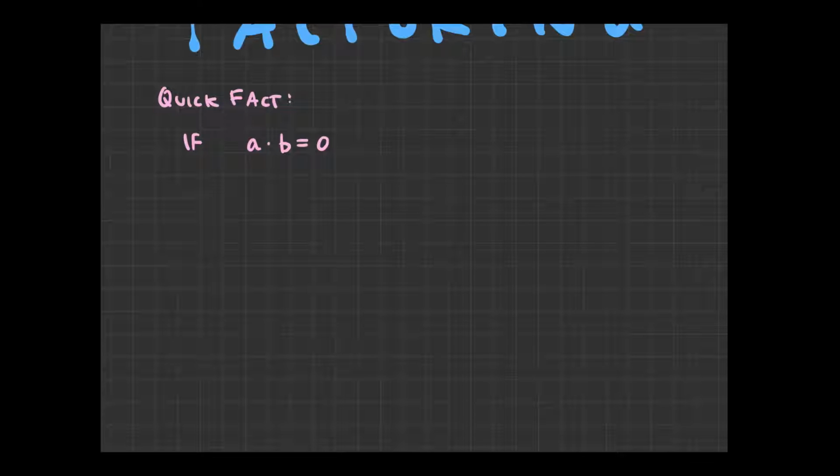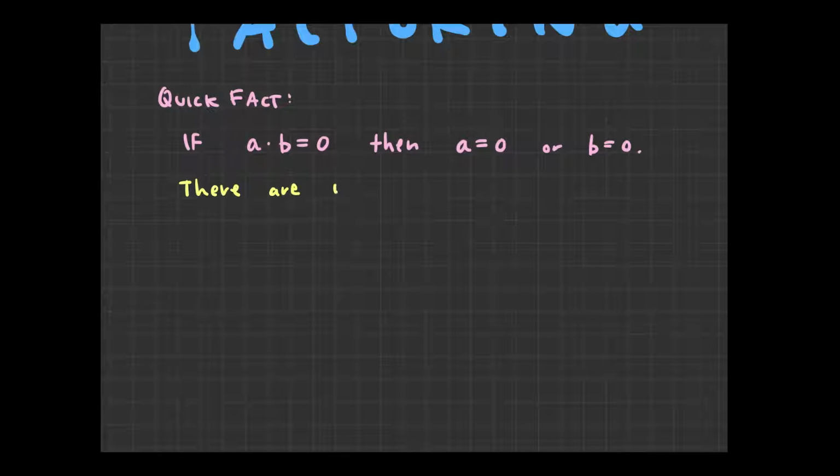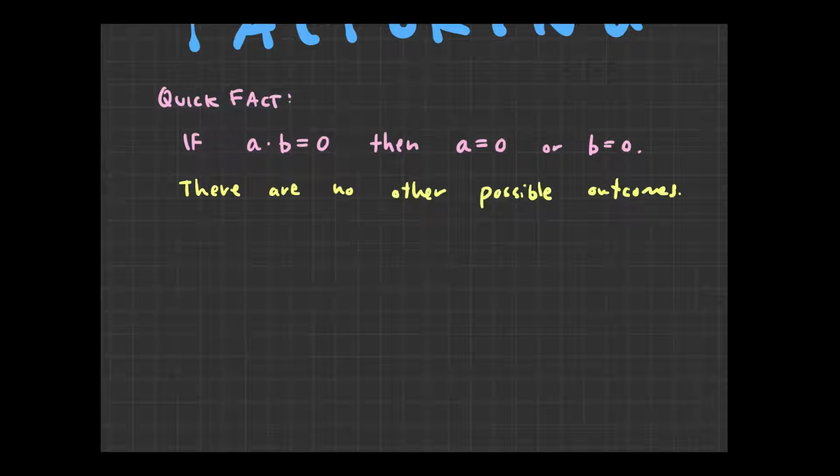So we'll write, if A times B is equal to 0, then A equals 0 or B equals 0. And I'll just say as a little side note, there are no other possible outcomes. One of them must be 0.